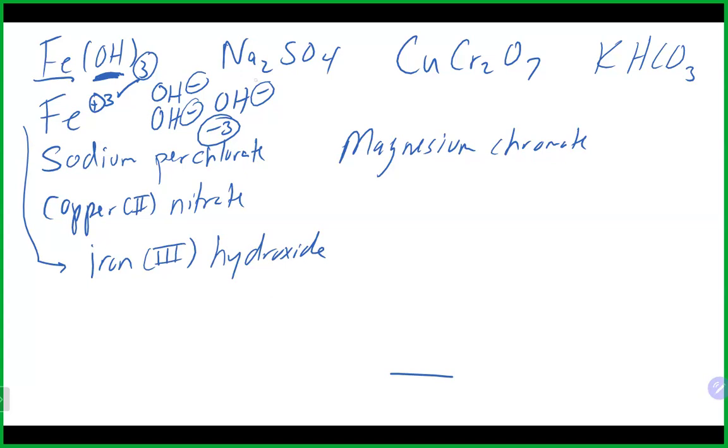Next door to it is sodium, which is a metal, and sulfate, which is a polyatomic ion. Once again, we want to look at the metal, and the metal here is sodium, which is group 1, and that is a type 1 metal, which means it has a fixed positive charge, so I do not need a Roman numeral on this. And that means I could just go right to the naming part. I'll go underneath it, sodium, and again, the whole name there of our polyatomic ion, which is sulfate.